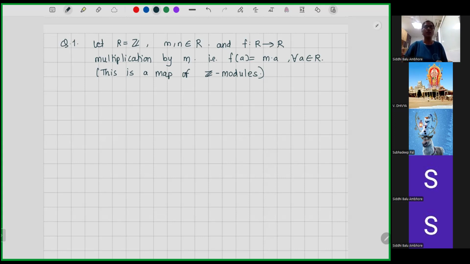I will give a quick definition of module map or R linear maps and so on.